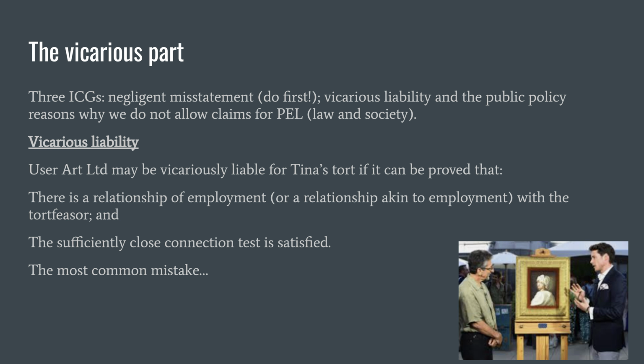So here, Tina is authorised to value antiques, and that's what she's doing. So arguably, the wrongful conduct of valuing the vase is closely connected with the authorised act of valuing antiques, and it could fairly and properly be regarded as done in the course of her employment.